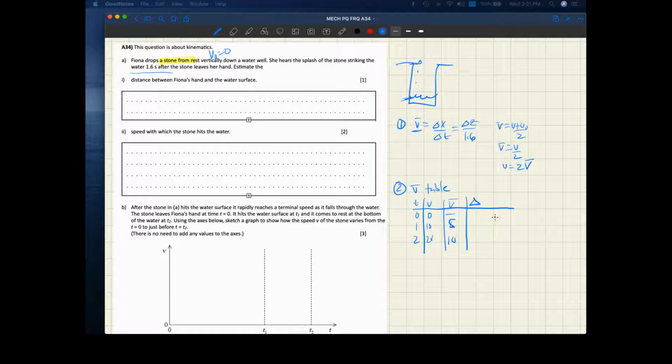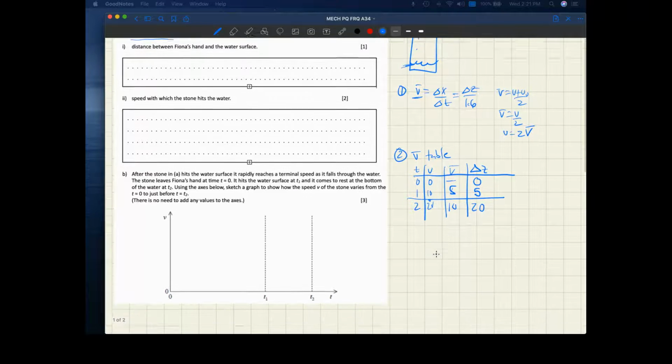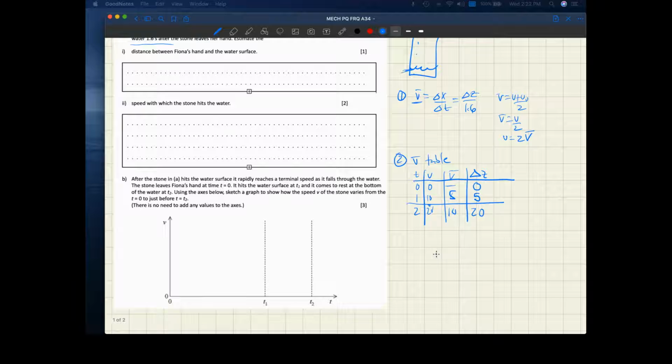And delta z is the average velocity times the time. So 5 and 20. So we know the answer is somewhere between 5 and 20 and impact velocity between 10 and 20. But it doesn't give us a precise answer we're looking for, but we've got a way to check our answer that we might work out in steps 3 and 4.